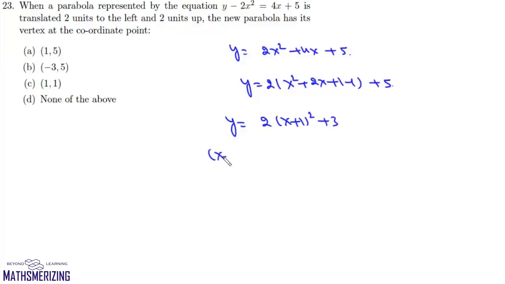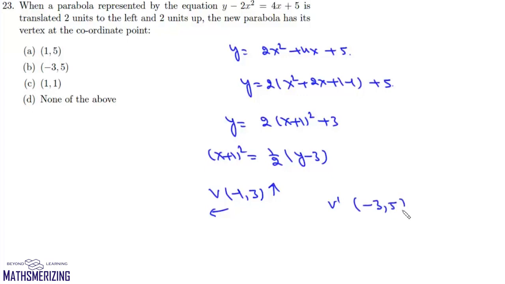We can write (x plus 1) square equals 1 by 2 into (y minus 3). Now the vertex of this parabola will be at (minus 1, 3). Now if we shift the parabola 2 units to the left and 2 units up, its new vertex will be at (minus 3, 5) and that's your option B.